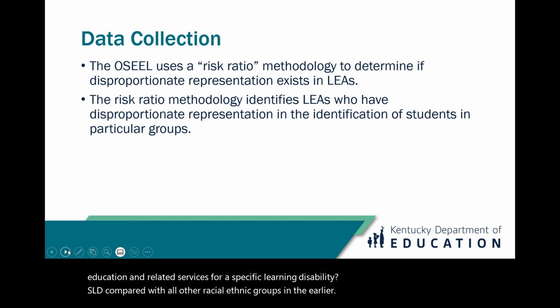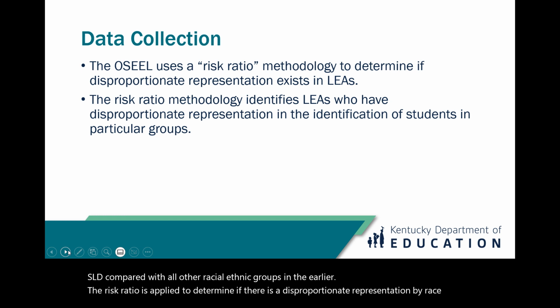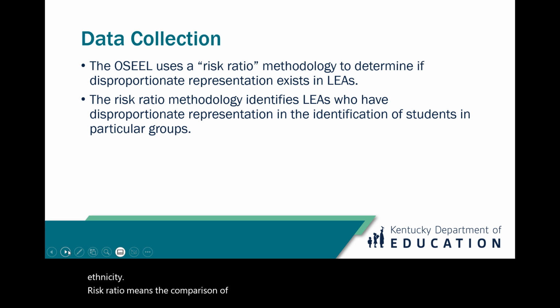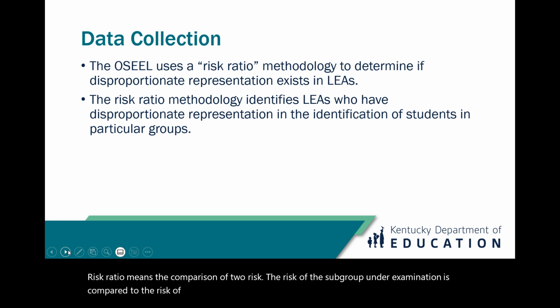The risk ratio is applied to determine if there is a disproportionate representation by race or ethnicity. Risk ratio means the comparison of two risks. The risk of the subgroup under examination is compared to the risk of all other students not in that subgroup of being subject to the same outcome.